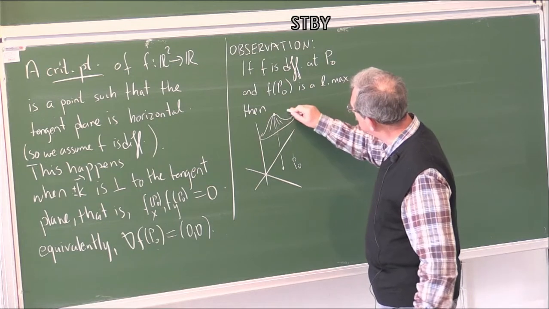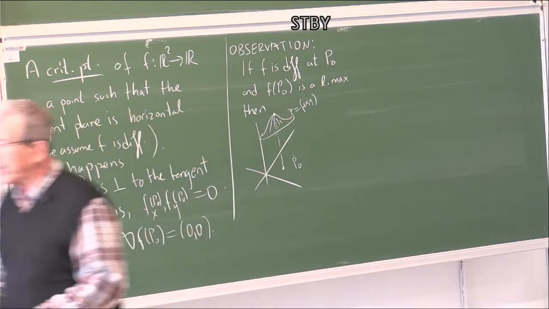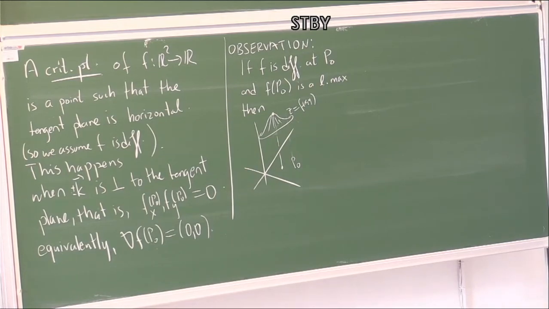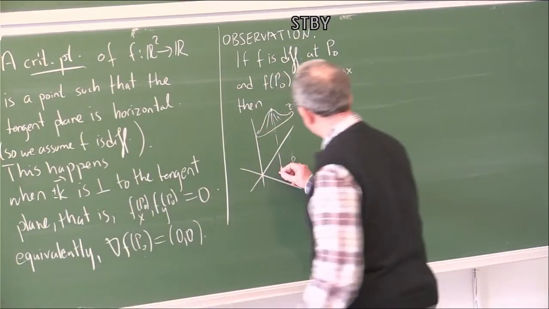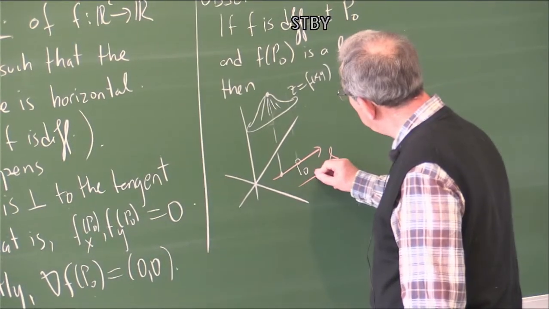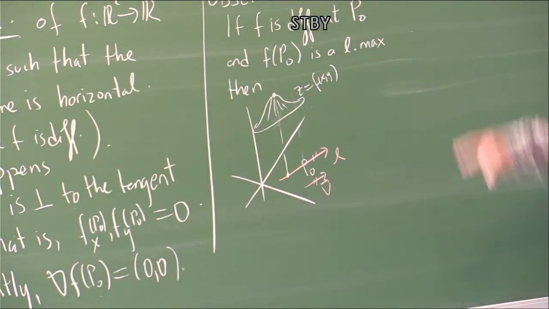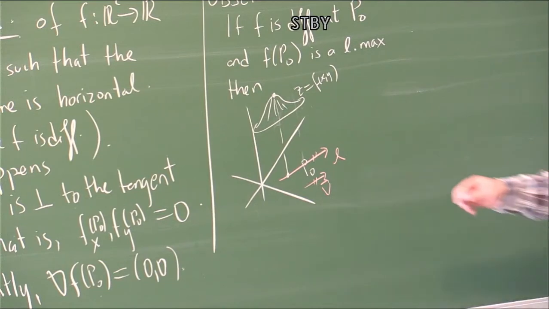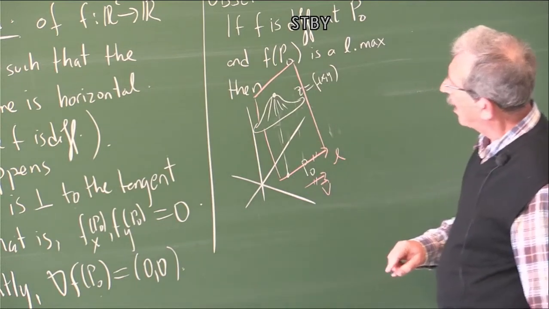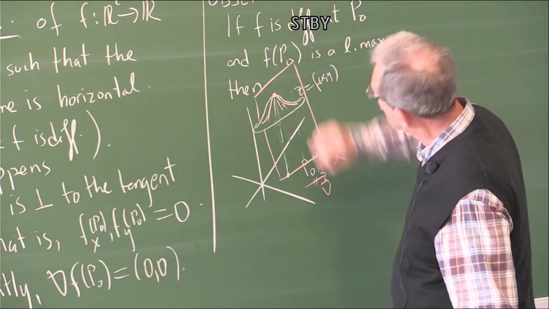So this is the surface. Now, let us take a straight line, actually some line L parallel to v. What do we have at the top? Well, if we intersect this with this plane, obviously the intersection will be a curve of this form.